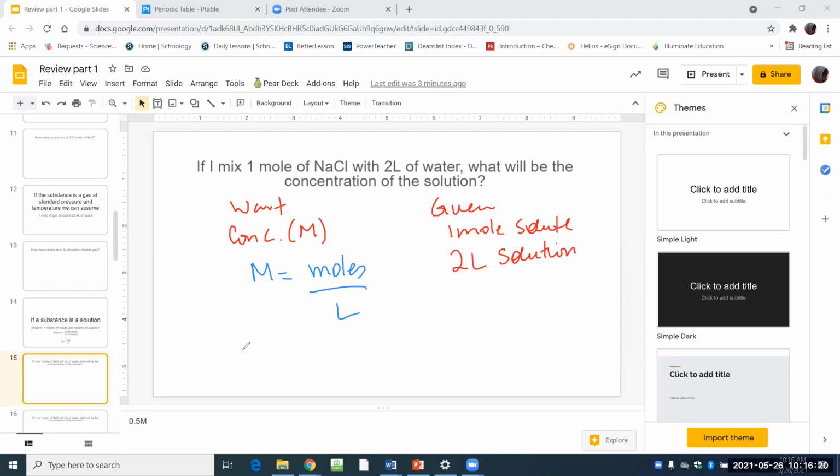So here is moles, and here's liters. I take 1 and divide it by 2, and I get 0.5 moles per liter. And that's my answer.